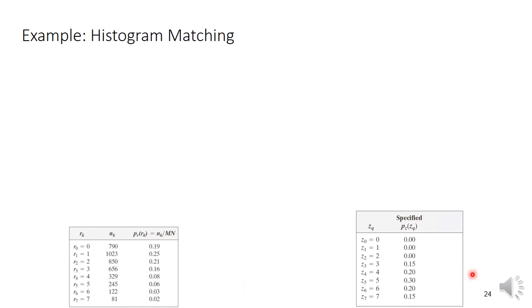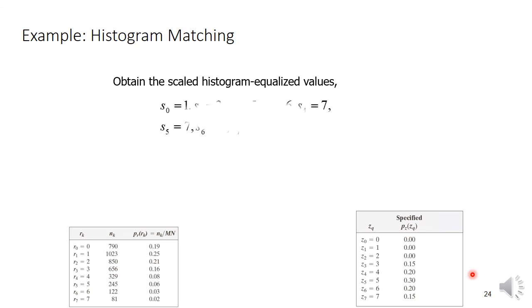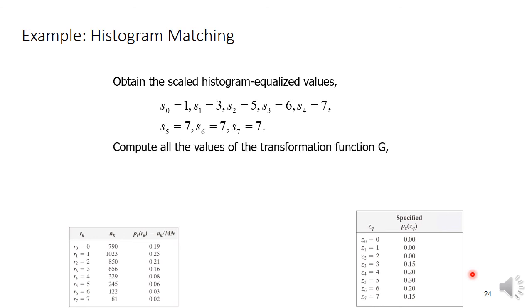These were the previous two tables, and we want to obtain a scaled histogram equalized value. After the scaled histogram, we know that s_0 is 1, s_1 is 3, s_2 is 5, s_3 is 6, and the values of s_4, s_5, s_6, and s_7 are all 7.